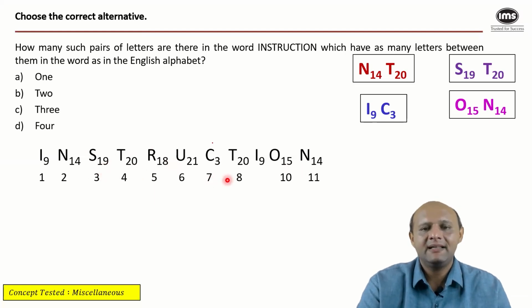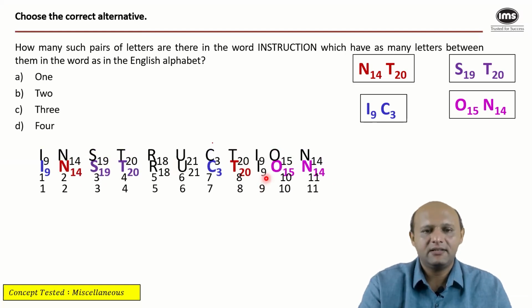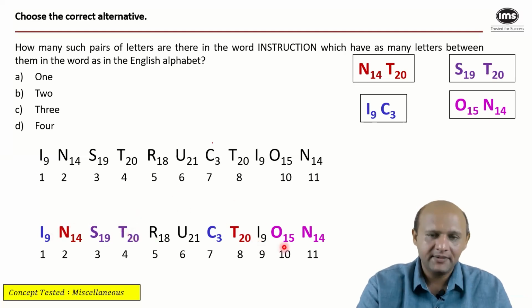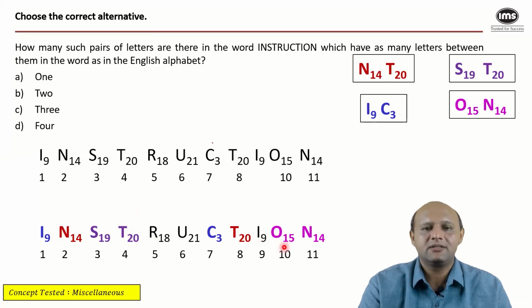So S and T, N and O, O and N. Barring these four pairs, you will not find any other such pair where this logic follows. So how would the final list look? You have IN, ST, IC, NT, and ON. So what's the answer? The answer is 4.